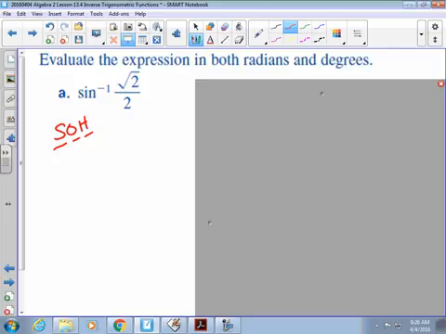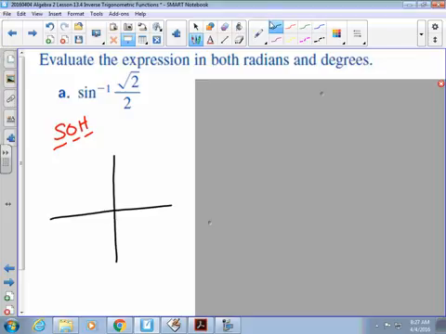So as you look at this one, you can say it's possibly talking about two angles. Remember, sine is the opposite over the hypotenuse. So when you look at your unit circle, which ones have the square root of 2 over 2?